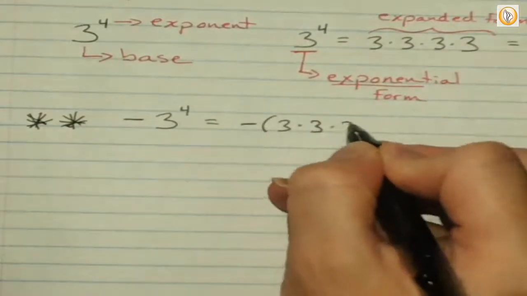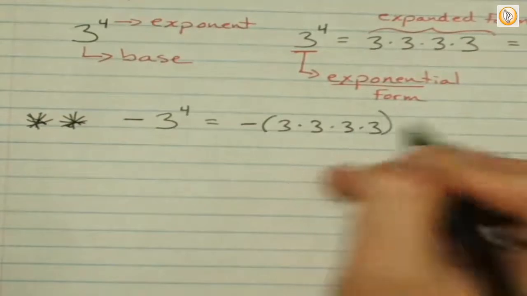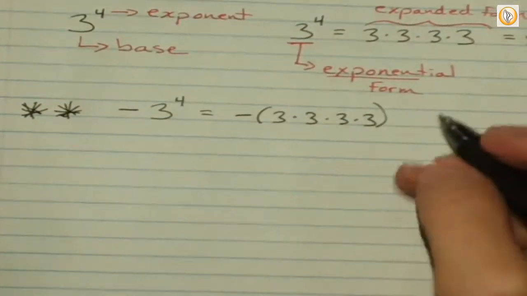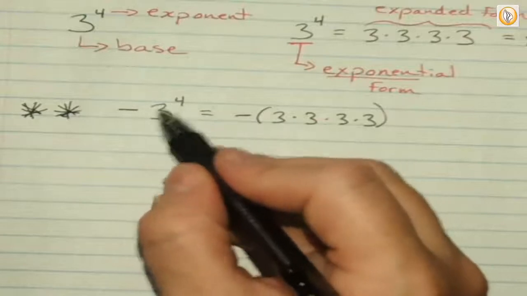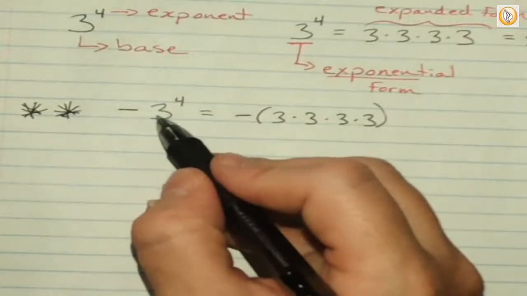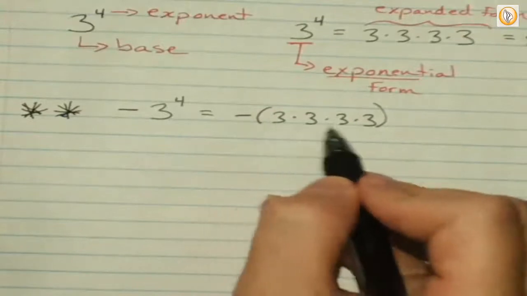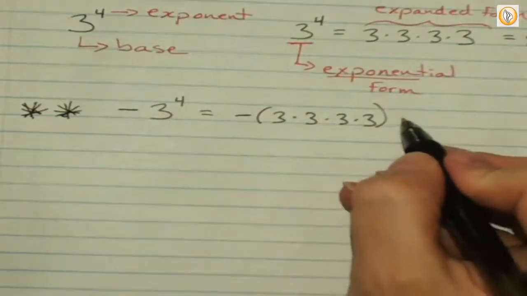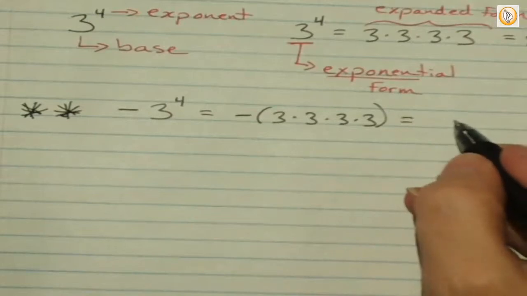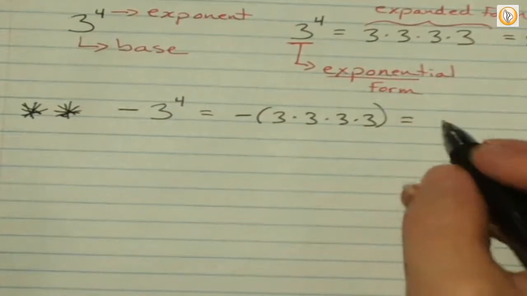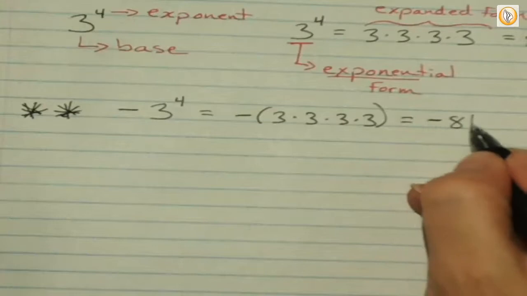There you go. And when there's no parentheses here and your base is negative, you have the negative on the outside, everything on the inside. And that would give me a what? What would the answer be? Yep.